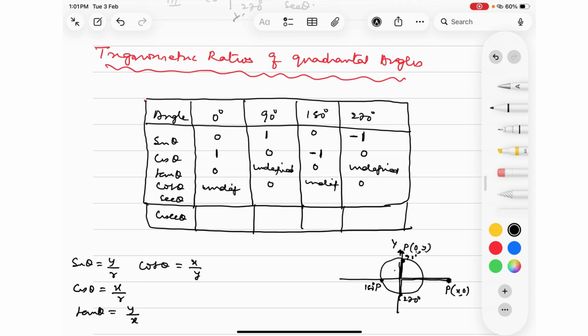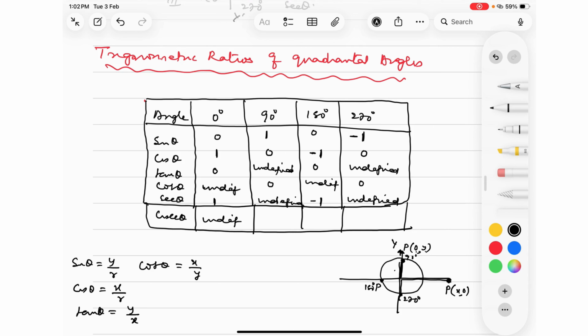Secant theta is the reciprocal of cos. Therefore secant 0 is 1. Secant 90 degrees, undefined. Secant 180 degrees, minus 1. And secant 270 degrees, undefined. Okay. Cosecant 0, reciprocal of sine, therefore undefined.